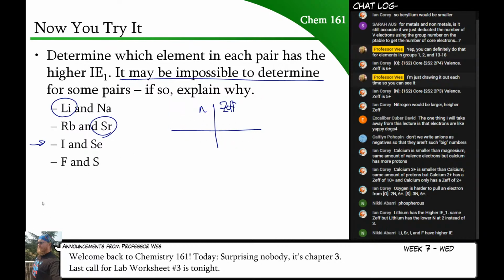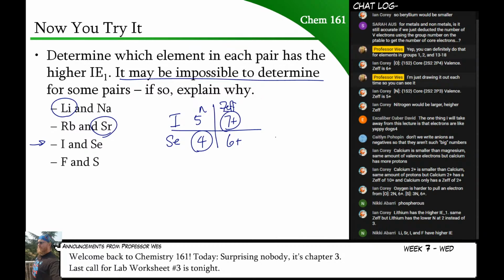All right, let's look at iodine and selenium here. Iodine is in period 5. Selenium is in period 4. But iodine is a 7 plus Z effective, and selenium is a 6 plus. Now, it's harder to pull an electron off of something with a higher Z effective. But it's also harder to pull an electron off of something that is smaller.